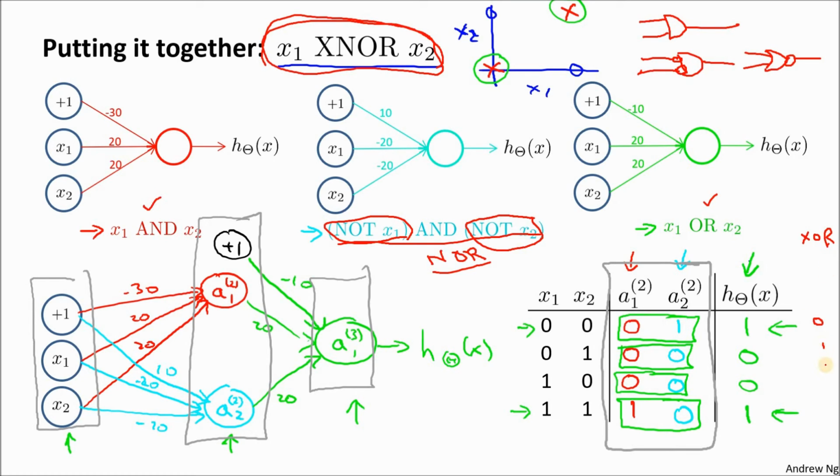The output is 0, 1, 1, 0. Whereas the one over here they want to make is exclusive NOR, which is the opposite of this. It is 1, 0, 0, 1. And they make this gate with the help of other gates.